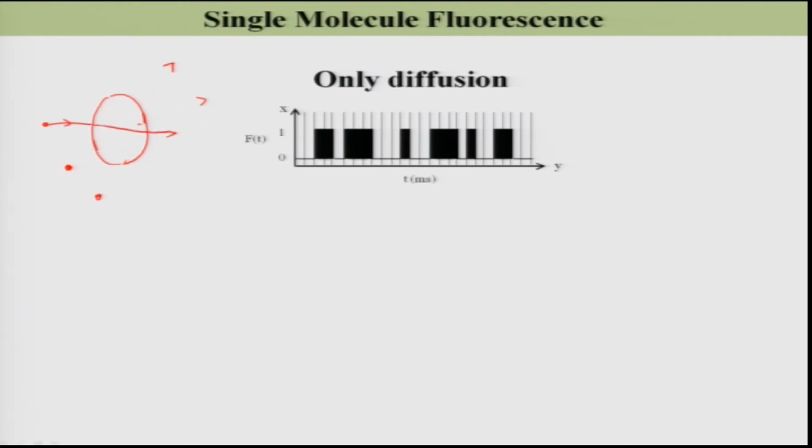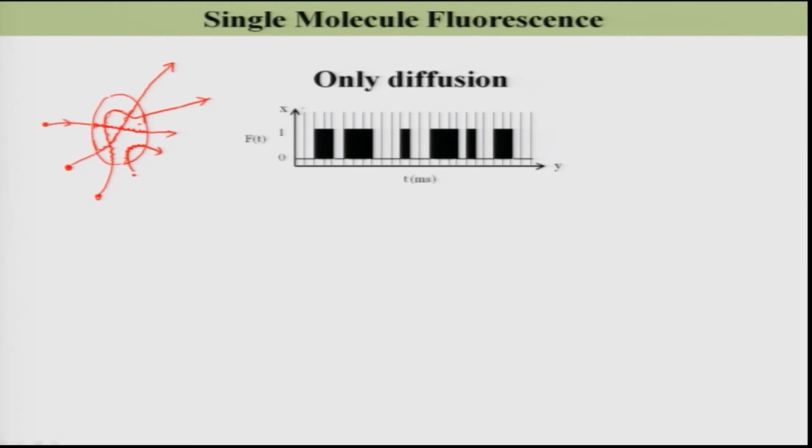So, here the fluorescence is on for a short time, here the fluorescence is on for this time, and in this case the fluorescence is on for a much longer time. If the molecule comes this way, then the fluorescence is on for this time, right.